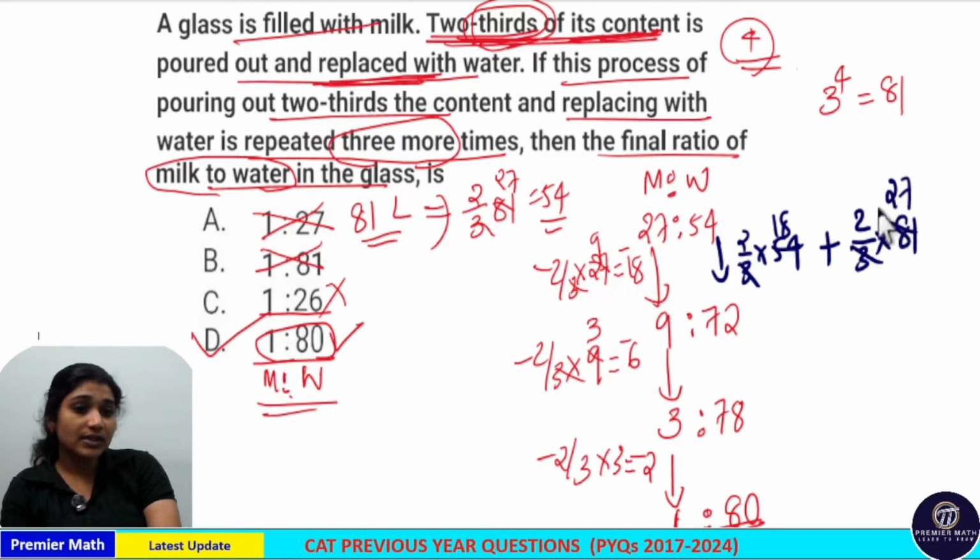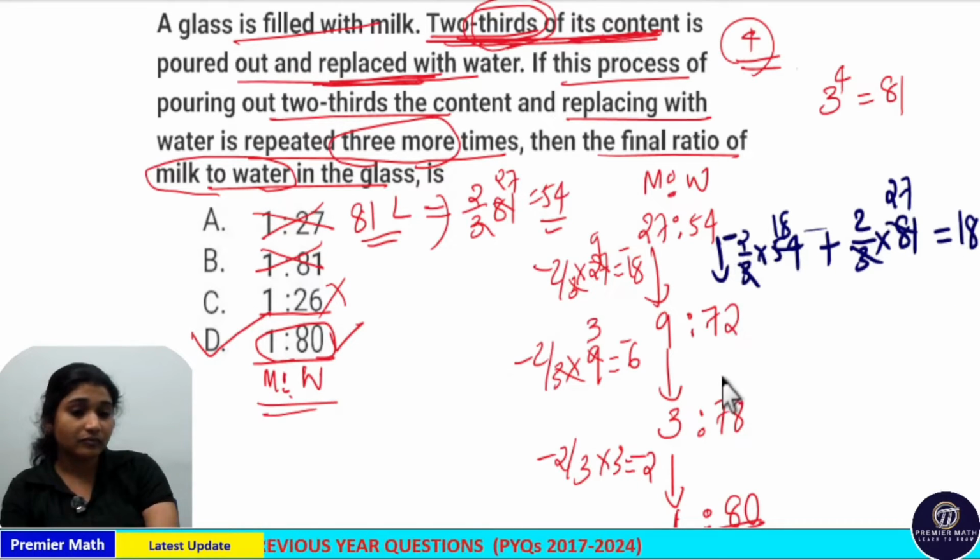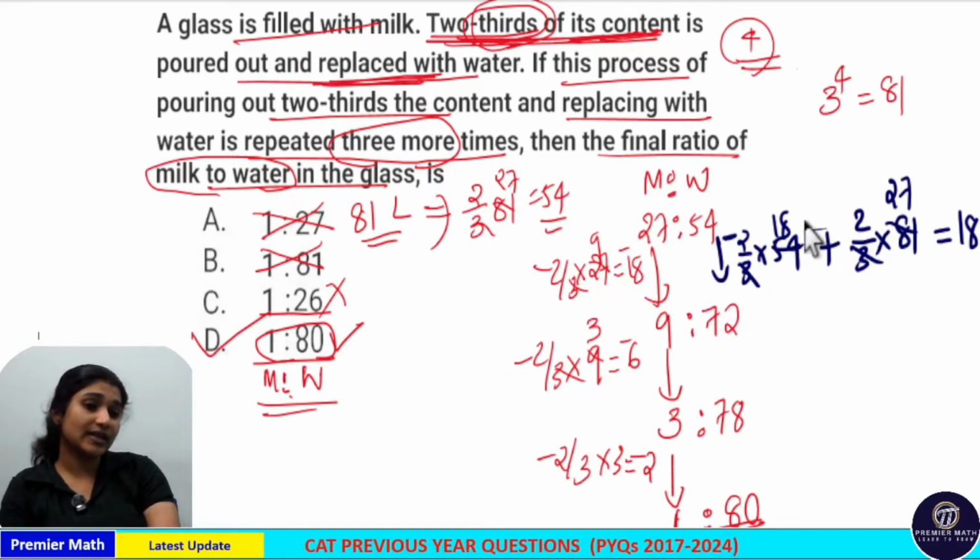So this is 54 liter, 2 by third of total mixture. 18 plus 36 is equal to 54. Now if you take this sum, minus 18, minus 36 plus 54 is equal to plus 18. So here 54 plus 18 is 72. So this is correct. So in this way you can look at the concept here.